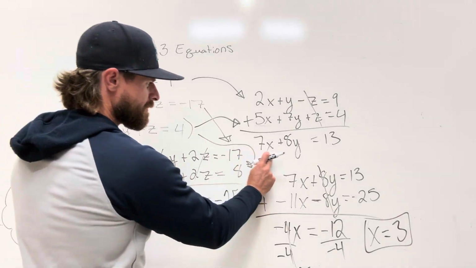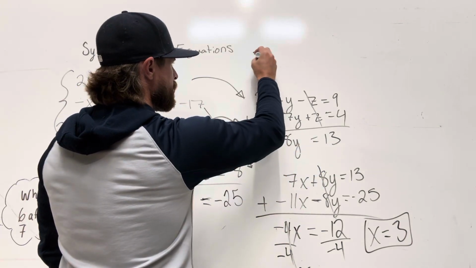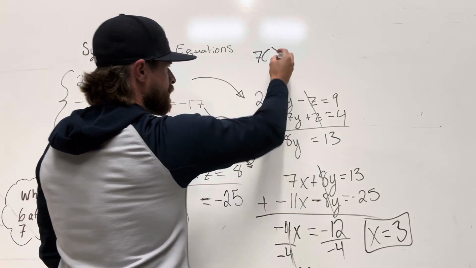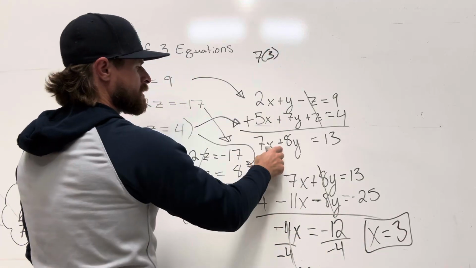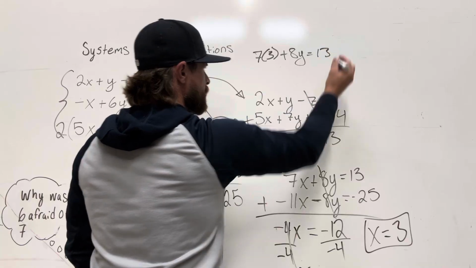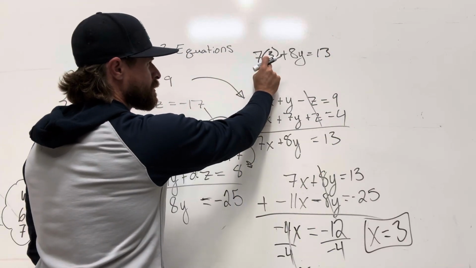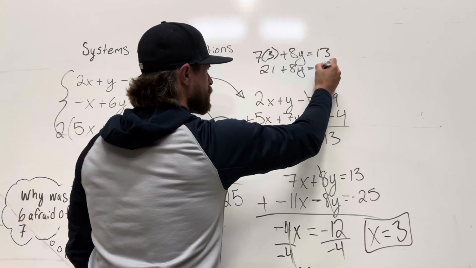So let's just take 7x plus 8y equals 13. Instead of x, we're going to put 3 in there, plus 8y has to make a 13. So 7 times 3, that's 21, plus 8y equals 13.